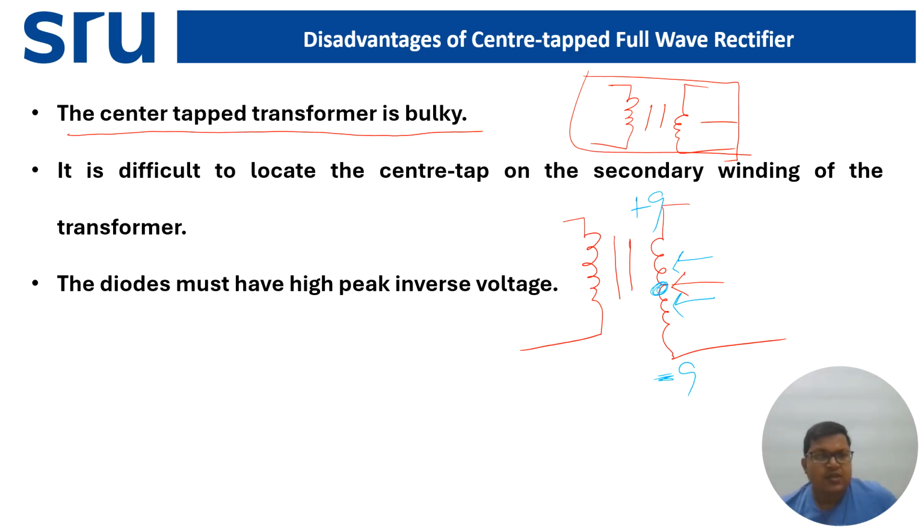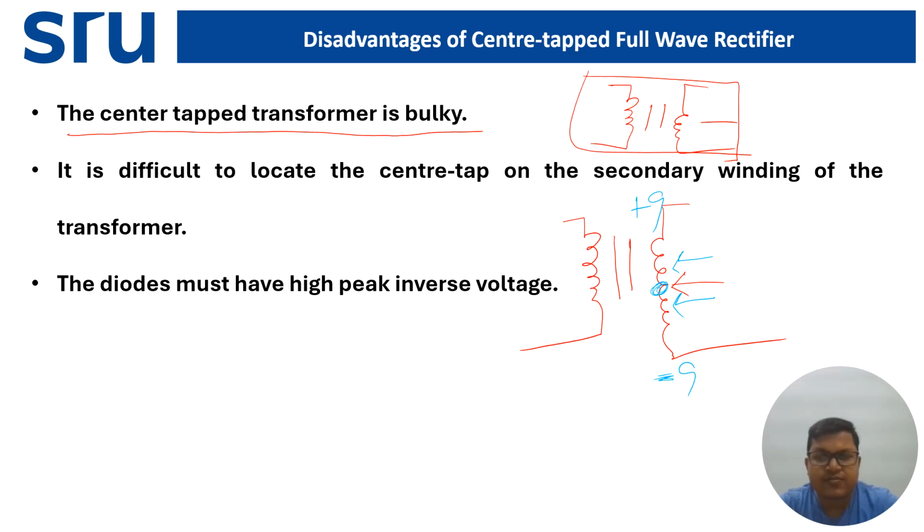So the third major disadvantage of the center tap full wave rectifier is that the diode must have a high peak inverse voltage.